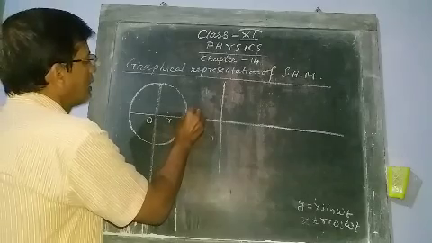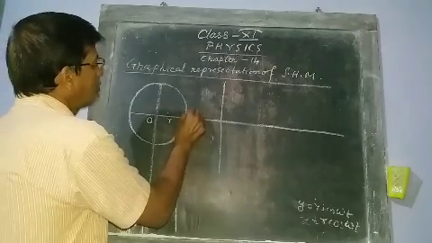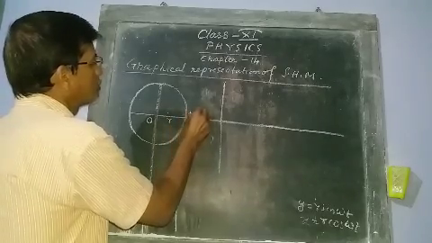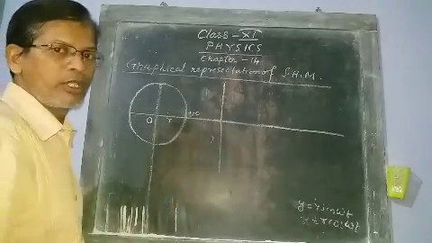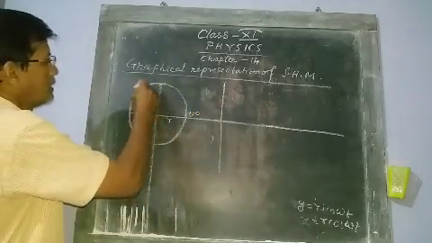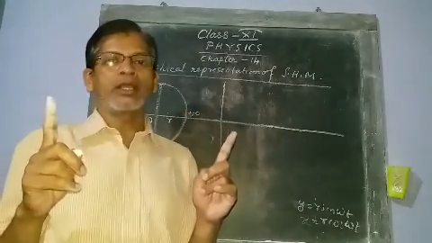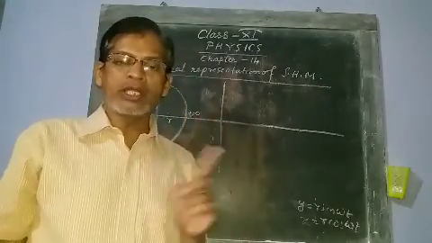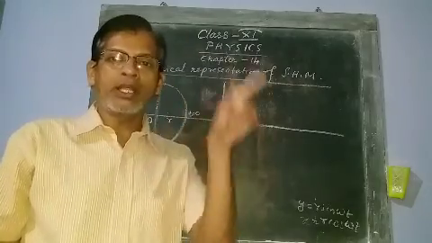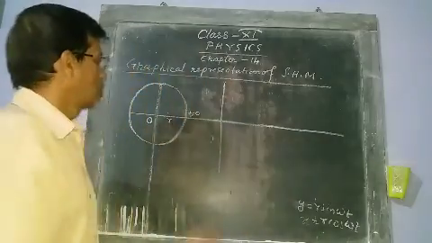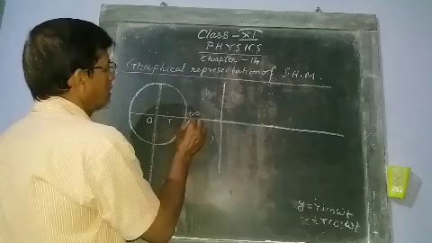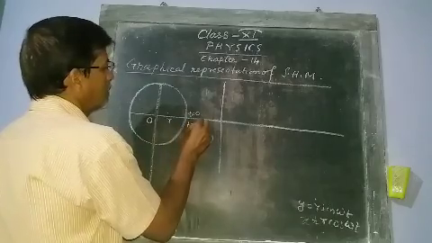Suppose time is measured from this position, so t equal to 0. The time period is the time taken to complete one oscillation, or one circular path. When it completes this path, that will be the time period.